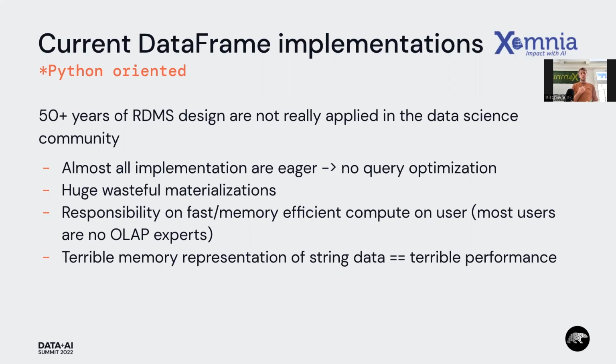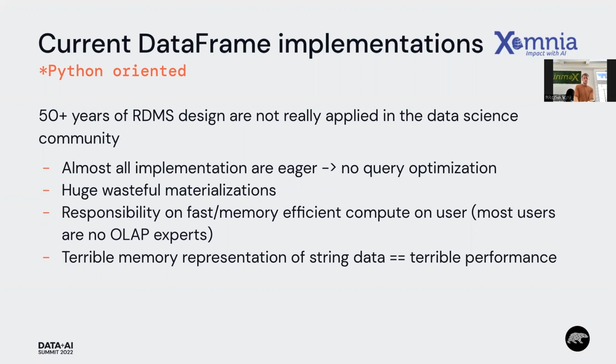That means we have eager evaluation. Almost all implementations are eager. And because of this, we don't have any query optimization. As a result of that, we have very large unneeded materializations of memory, which become really expensive once you go to a reasonable data size.